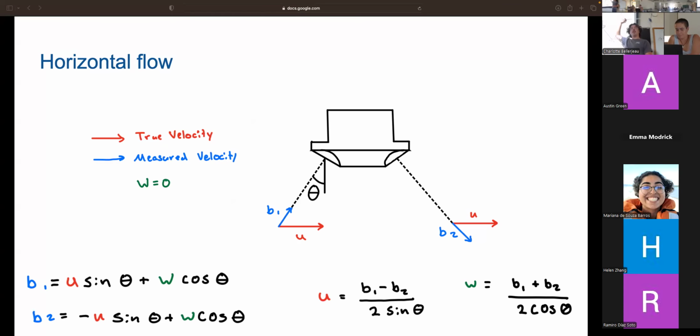Kaylee: Is this converting from beam coordinates to earth coordinates? So this is just beam coordinates to transducer coordinates. To get from there to ENU, all these instruments have attitude sensors, so you can tell how it's oriented.